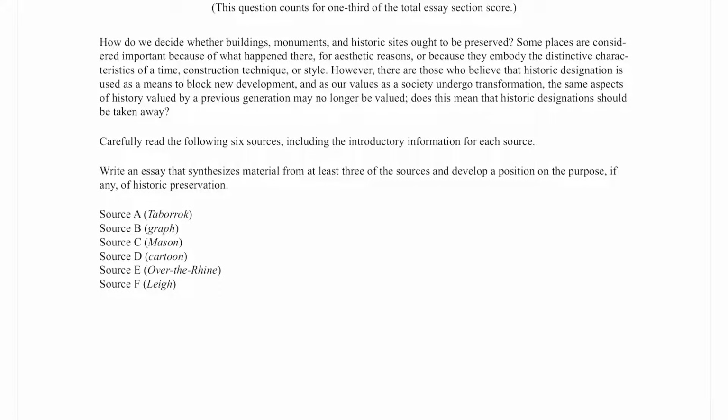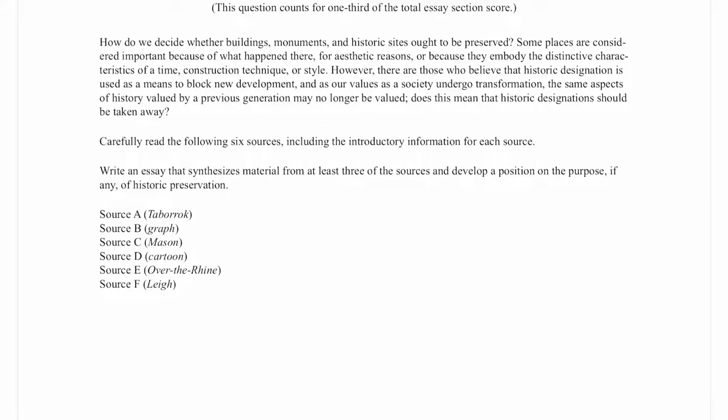Carefully read the following 6 sources, including the introductory information for each source. Then, and here's where this is really important, this is the language that matters, and it's really the same in every single question now. There's kind of a boilerplate. The boilerplate says, write an essay that synthesizes material from at least 3 of the sources and develops your position on, right?